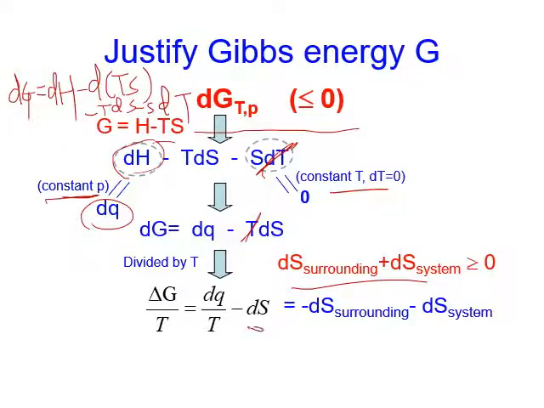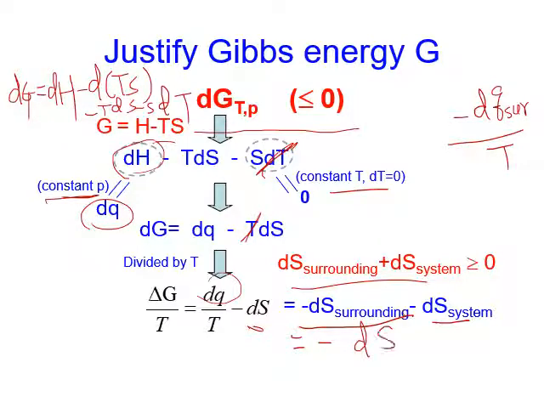Now dS is the entropy of the system, and dQ is the heat of the system, which is the negative of Q of the surrounding. Divided by temperature, that gives you the negative entropy change of the surrounding. And therefore the right side is the negative of the total entropy change.